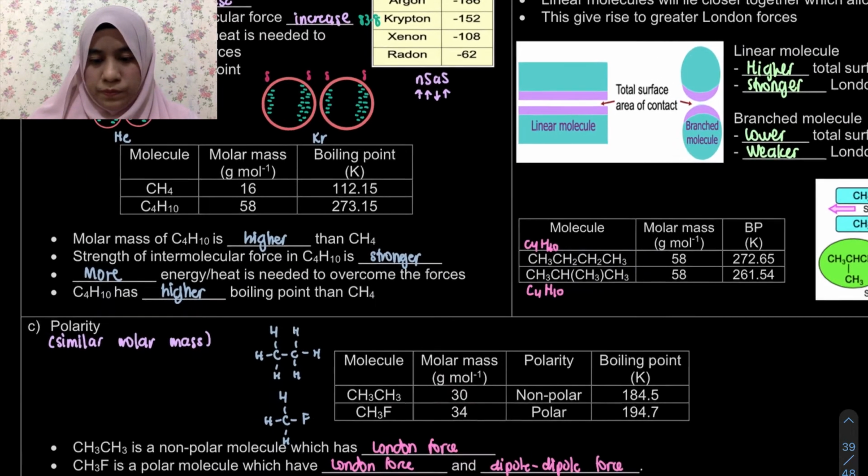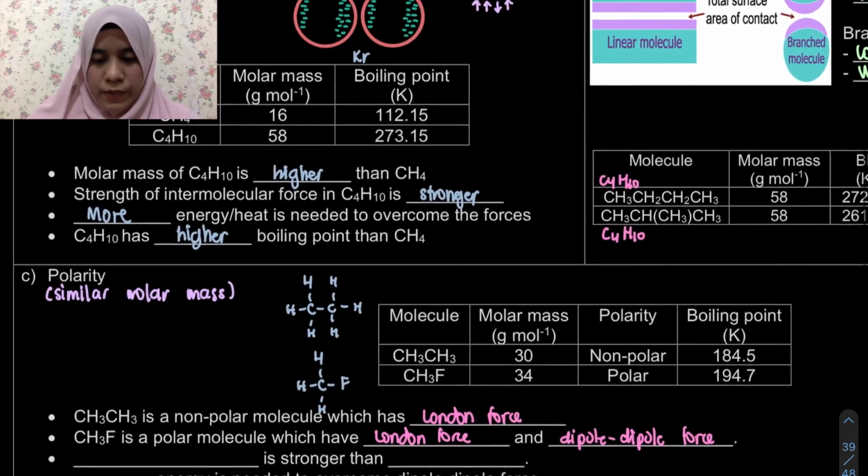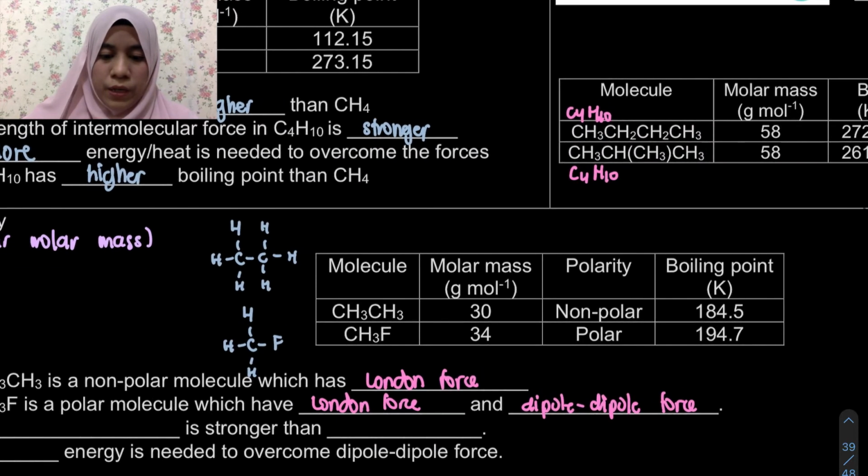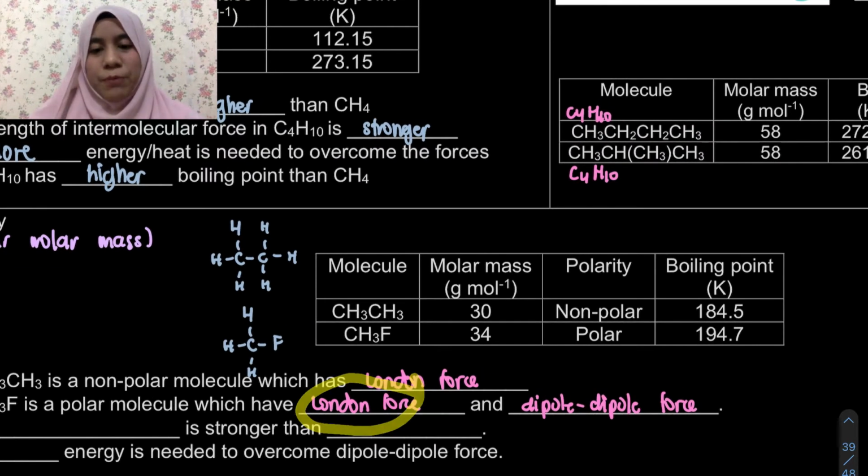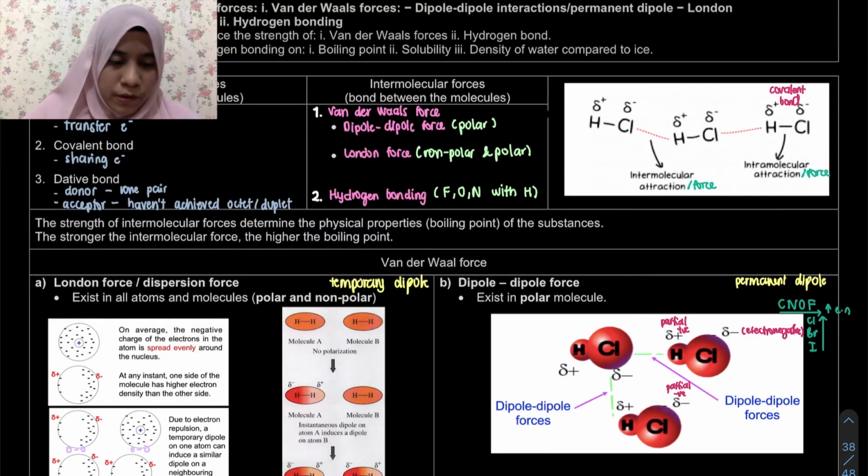Okay. So actually, sekarang ni our London force ni is temporary dipole. Inilah dia temporary dipole, dia sekejap sahaja. Tapi kalau kita punya dipole force is permanent dipole. So dipole ni yang kita nak, sebab when we talking about dipole ni, we have two pole kan, maknanya kita ada positive pole dengan negative pole.